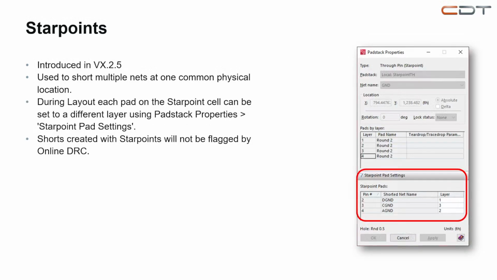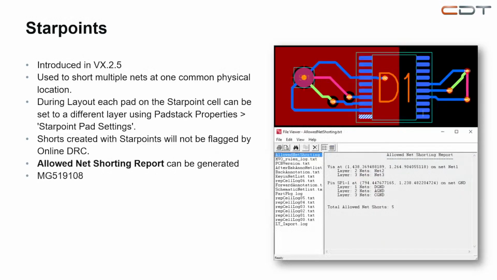You need to create the specific object, and during layout, each path on the Starpoint cell can be set to different layer using path stack properties Starpoint path settings. And shorts will be created in these Starpoints, and they will not be flagged by online DRC. You can generate allowed net shorting report, and there is a really nice article explaining how to work with Starpoints.